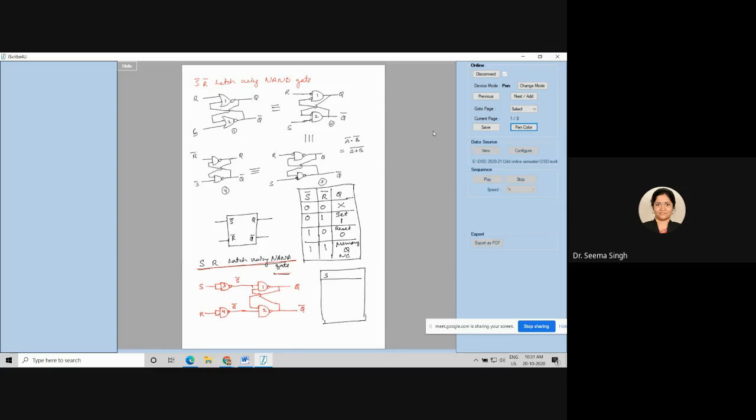So if you have your S and R, let us again have our concise truth table only. S and R, what will happen? You imagine now. If S and R both are 1, 1, what will happen?